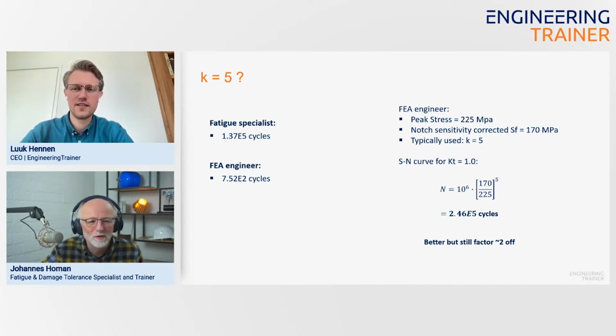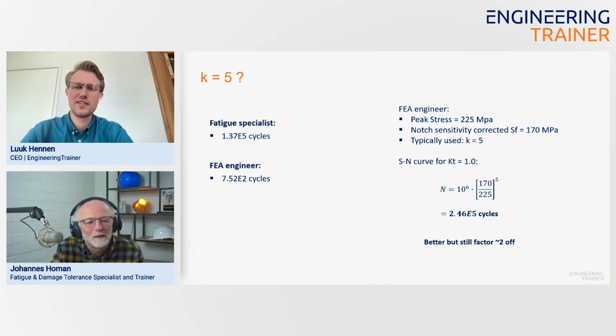It's easy to use. Always use k is 5, and you don't have to bother about it much further. But it's, I think, a factor 2 away from the actual result. In this case, it's even unconservative. You calculate too long a life. I wouldn't feel comfortable with it.